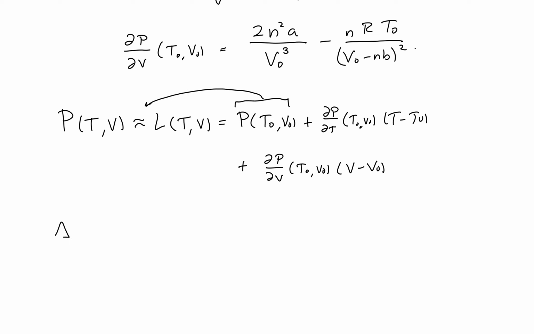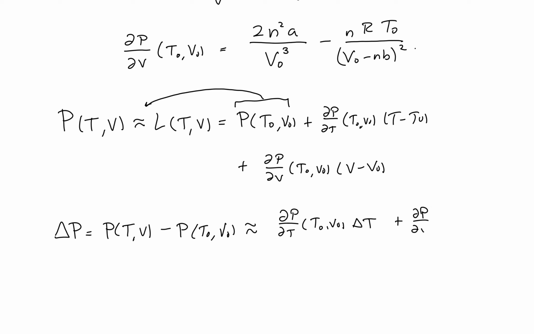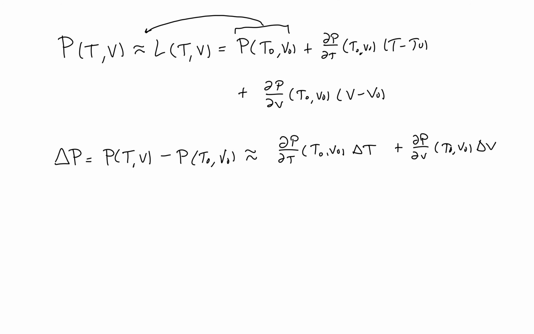So I have that delta P that I'm interested in, which is P(T, V) minus P(T0, V0), and this is approximately ∂P/∂T at (T0, V0) times delta T, plus the other term. Now I just need to fill in those terms that I found.